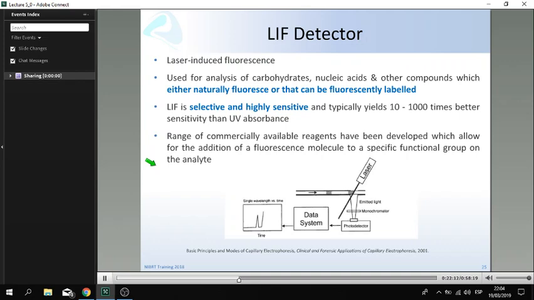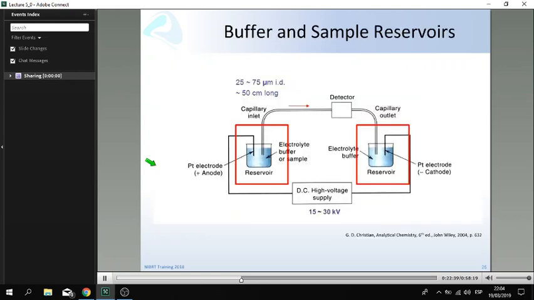You can pick from a range of reagents on the market that add a fluorescent molecule to a specific group of your analyte, so you make that analyte fluorescent and can then detect and see it. At the moment LIF is mostly used in biopharma to detect glycans, so the sugars on our antibodies.